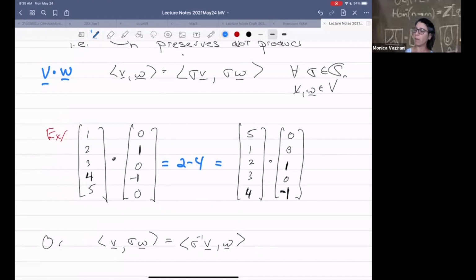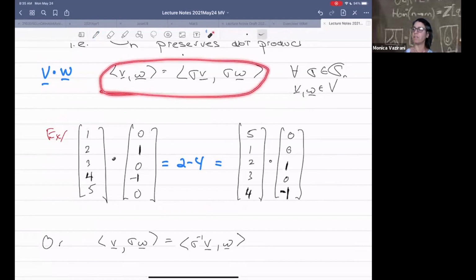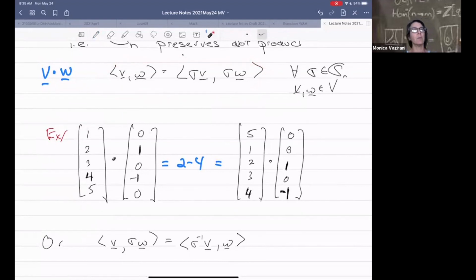But another thing that we might want to do is, instead of writing that v dot w is the same as sigma v dot sigma w, I could also rewrite it as v paired with sigma w is actually the same as sigma inverse v paired with w. It's the same exact information as the statement above. But when you write it this way, and you think about linear algebra in general, where have you seen this before?